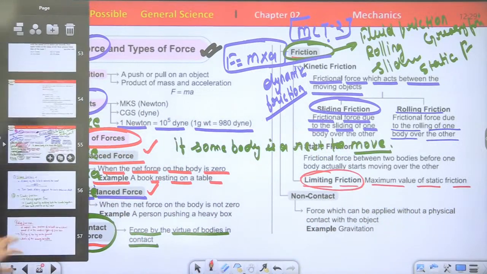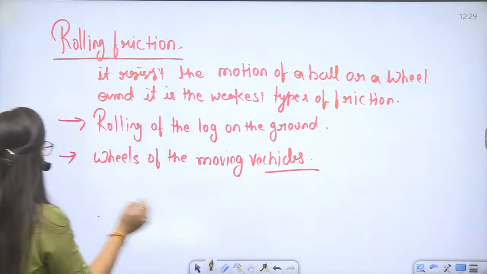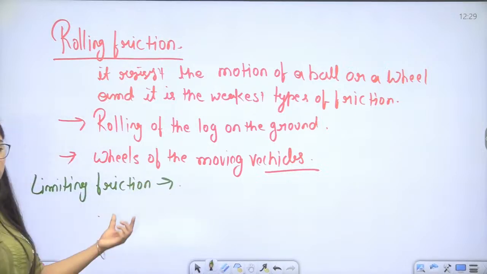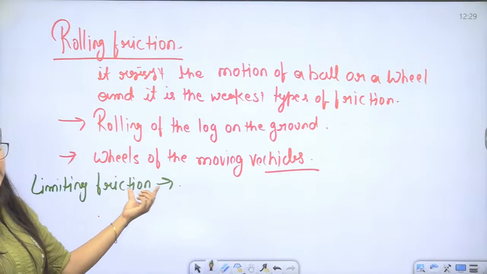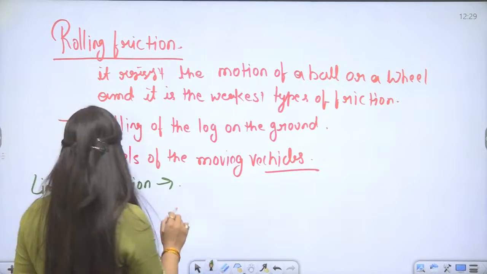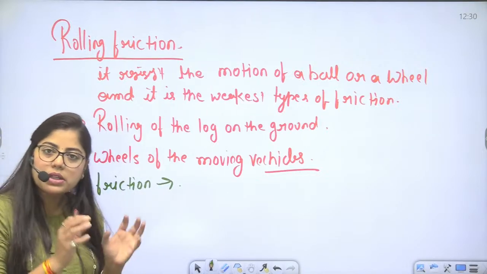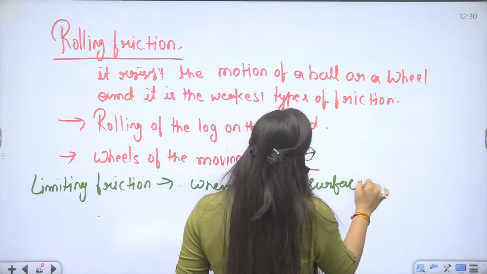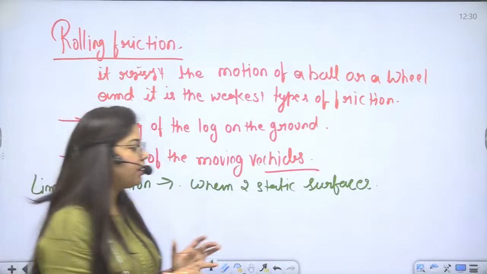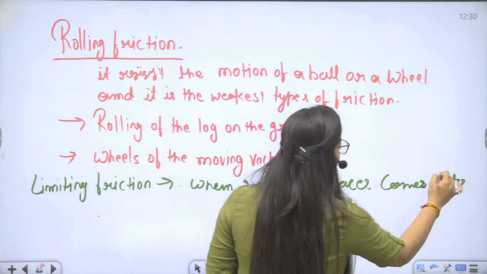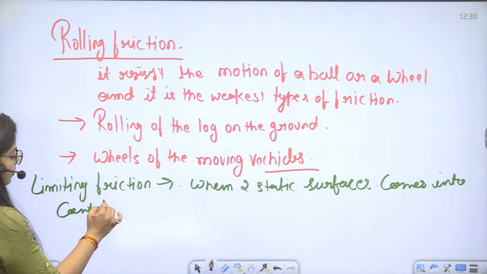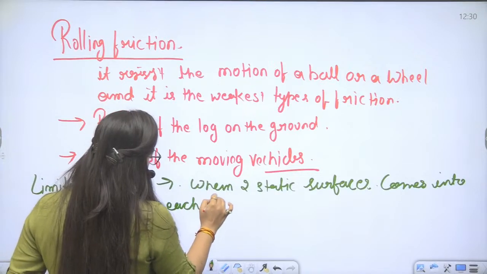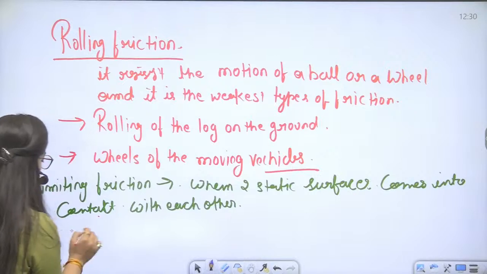See, when we discuss limiting friction, it is another type of friction force, it is friction created when two static surfaces come into contact with each other.